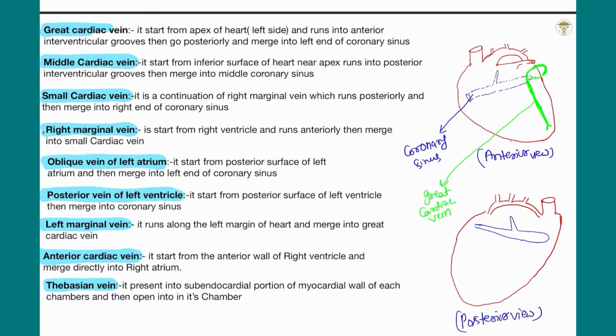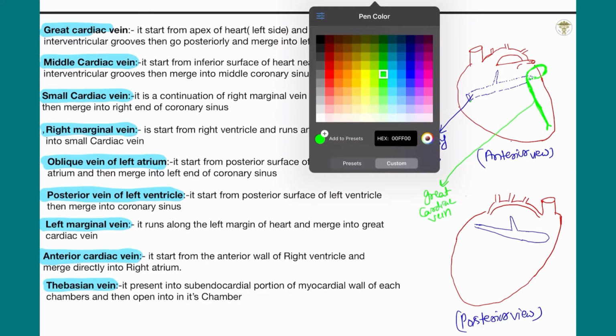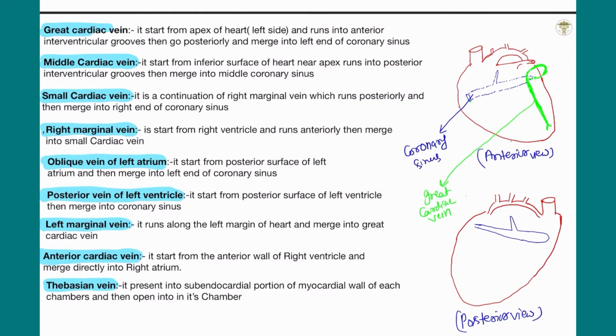So I will make this diagram with a dotted line, in a different color. Consider this is near the apex of the heart, but it runs in the posterior interventricular groove, not anterior.